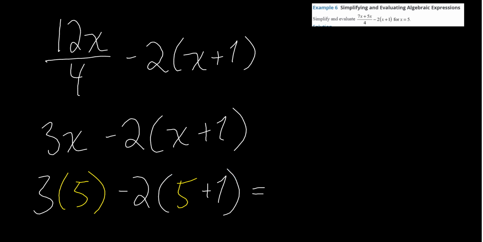There are no exponents, multiplication, division, and then now we just read from left to right. So we say 3 times 5 is 15 minus 2 times 6, which is 12. So 15 minus 12 is equal to a 3. Okay. And that concludes the lecture on Chapter 1, Section 6.